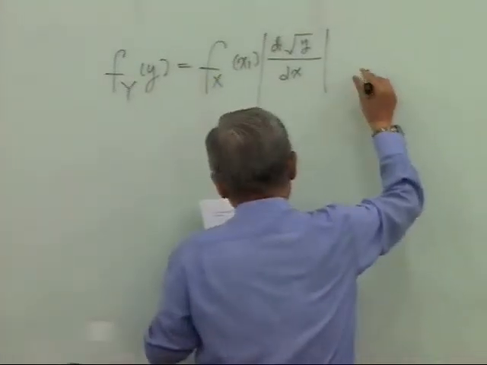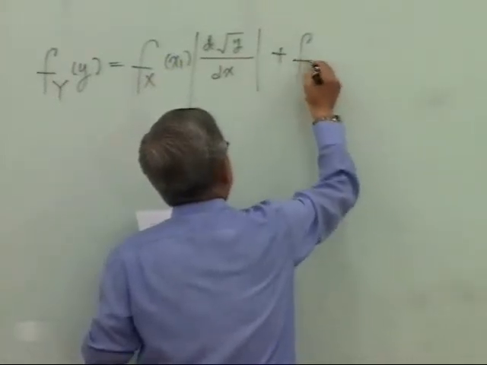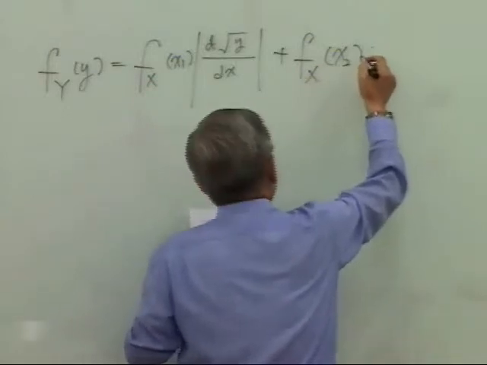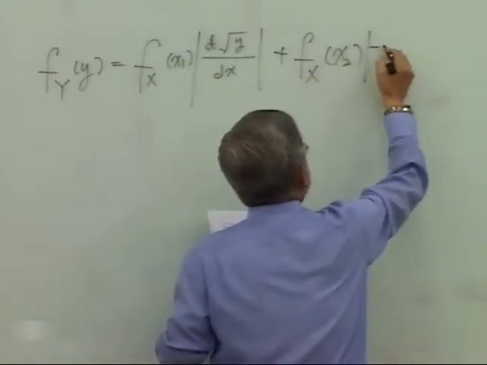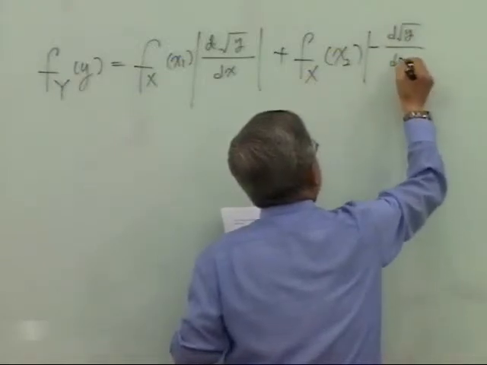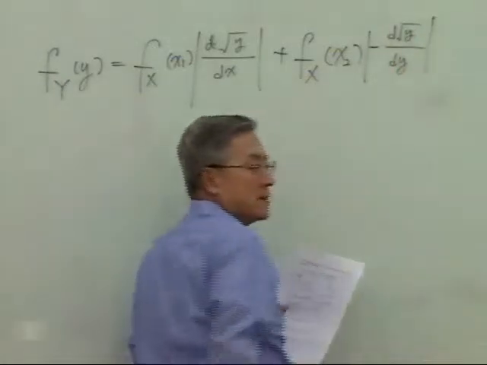And plus f_X(x2) times minus d square root of y over dy.